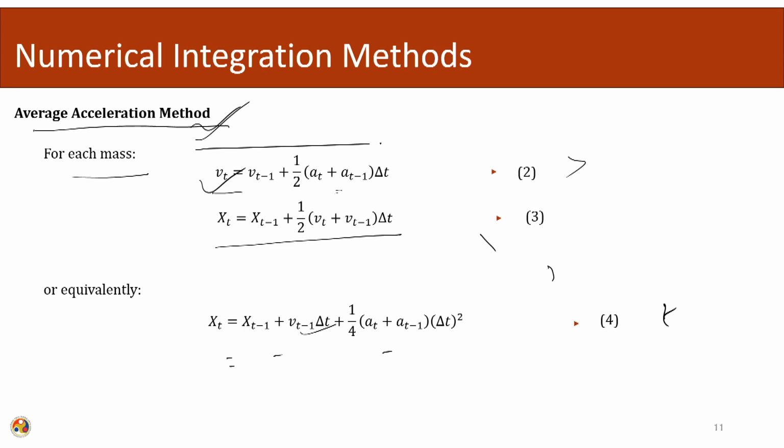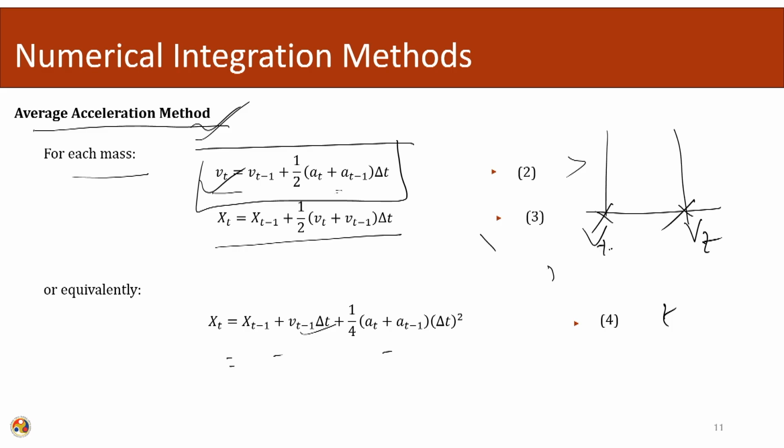Basically, we are calculating velocity as if we have 2 points in the velocity curve. So, this is Vt minus 1, and the acceleration is the slope. We are taking the average of the two accelerations, At and At minus 1, and calculating the average acceleration value.